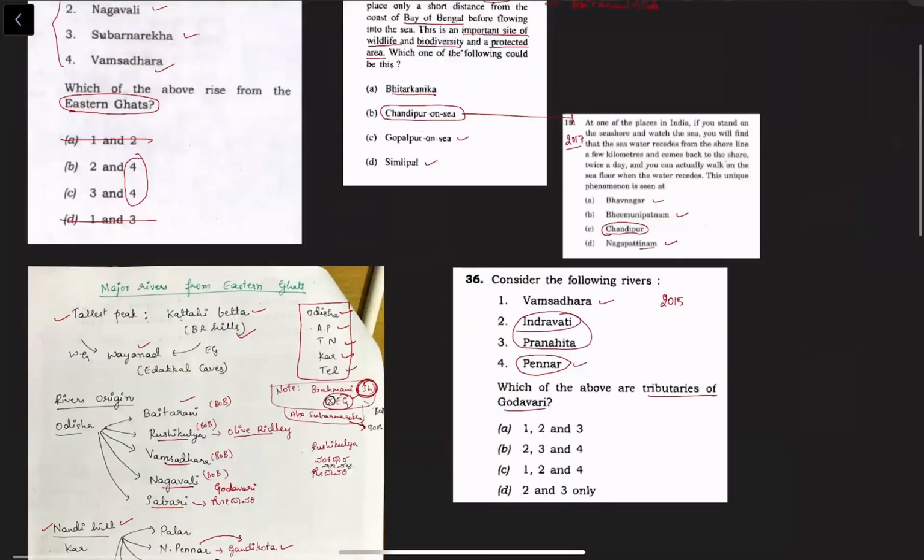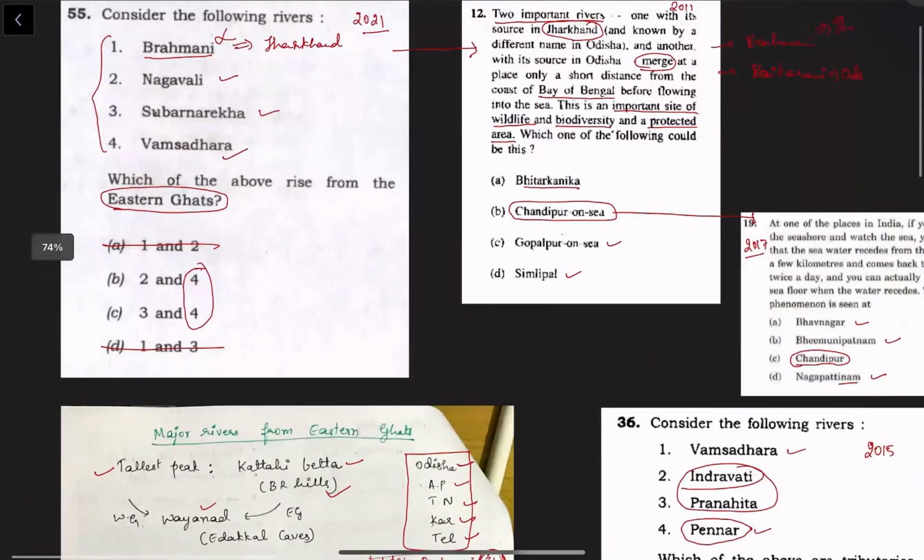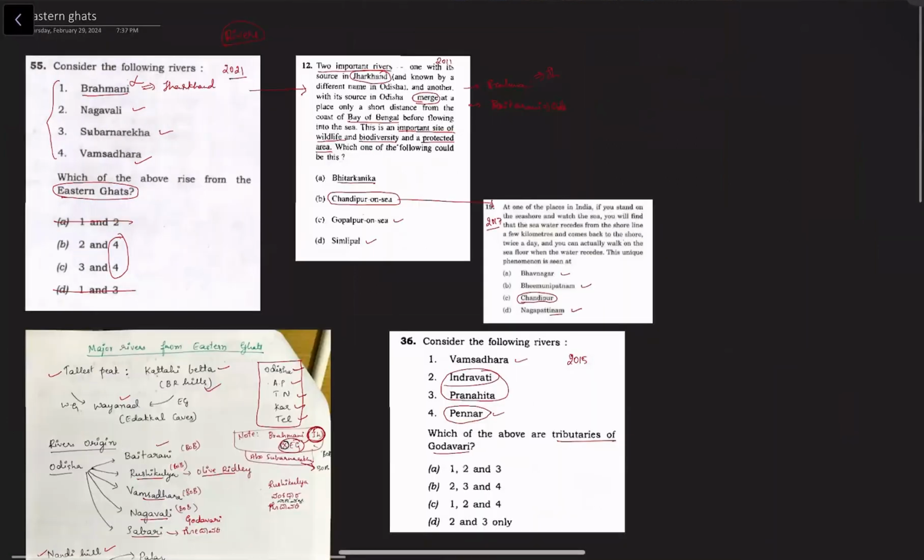So with this, we understand that the Subarnarekha is an independent river and it does not rise in the Eastern Ghats. With this we had shortlisted B and C as the right answer.